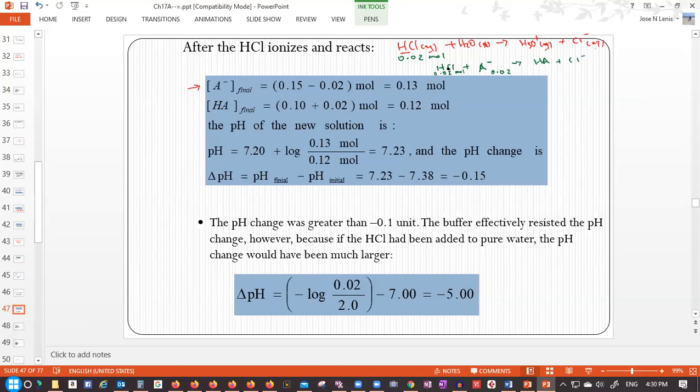So this is going to use some of the salt. By how much? It's going to take that much. The stoichiometric proportion is 1:1. So that's why we subtract the initial minus whatever is taken from that initial to react with the acid, and at the end we have the final concentration of A minus.